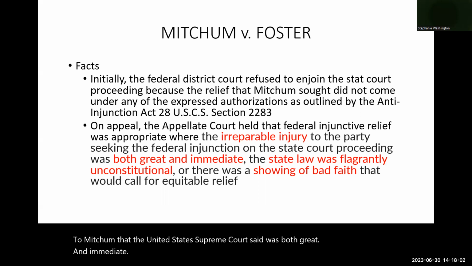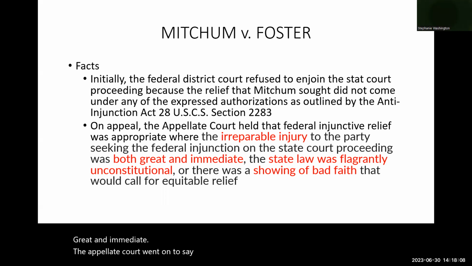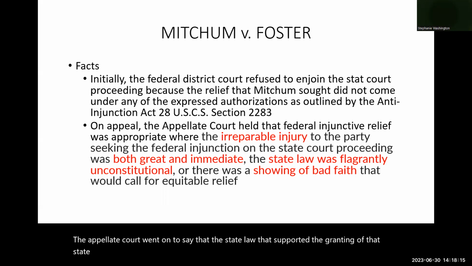Great and immediate. The appellate court went on to say that the state law that supported the granting of that state injunction against Mitchum was unconstitutional, flagrantly unconstitutional.